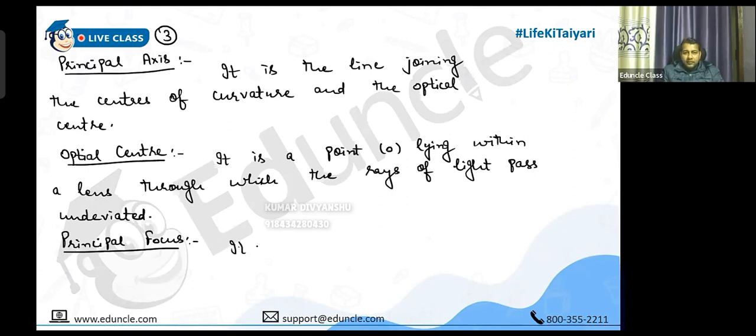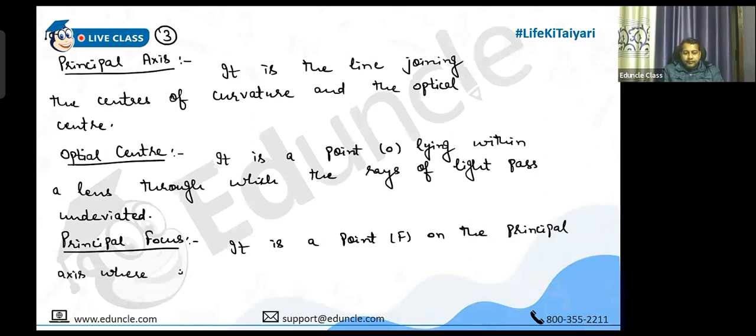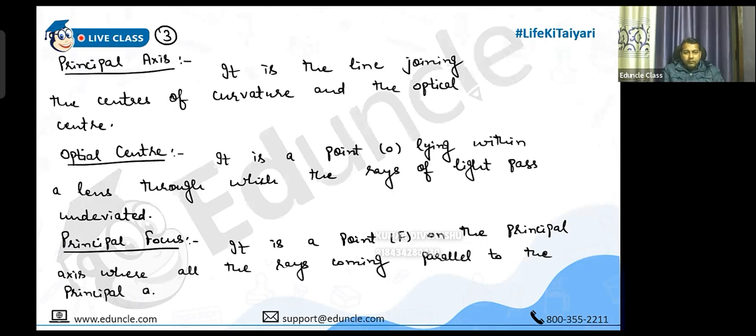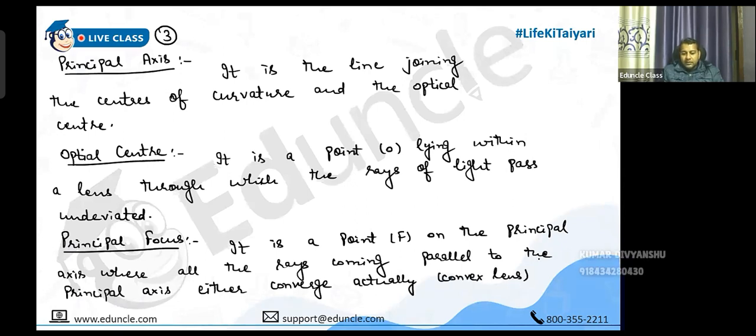Principal focus, again the same. It is a point F on the principal axis where all the parallel rays meet or appear to come from. They either actually converge in the case of a convex lens, or appear to diverge from it in the case of a concave lens. I will make the diagram. Please note down.